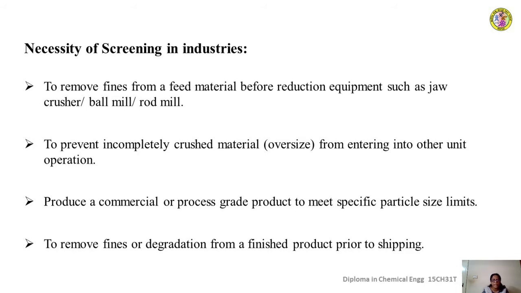That is, the particles of a product should be of a certain size and it should satisfy certain qualities. So the product, before it is sent for use, is to be separated from all the particles which are not meeting this specification. In that case also you require screening equipment.